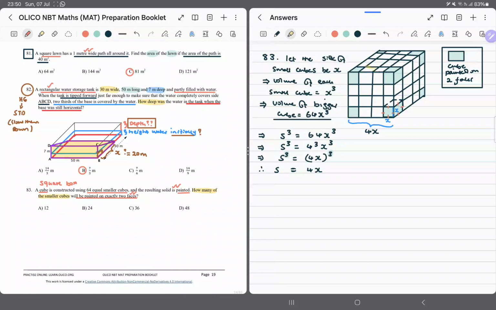Now the ones that take only two, we can see that this cube right here and this cube right here, these ones only get a paint on two faces only, this face and that face, the front and the top face. The other faces are hidden. And the same will go for this one.